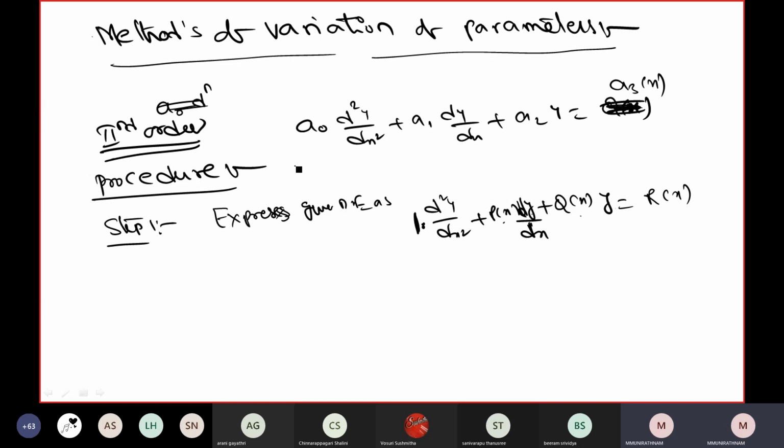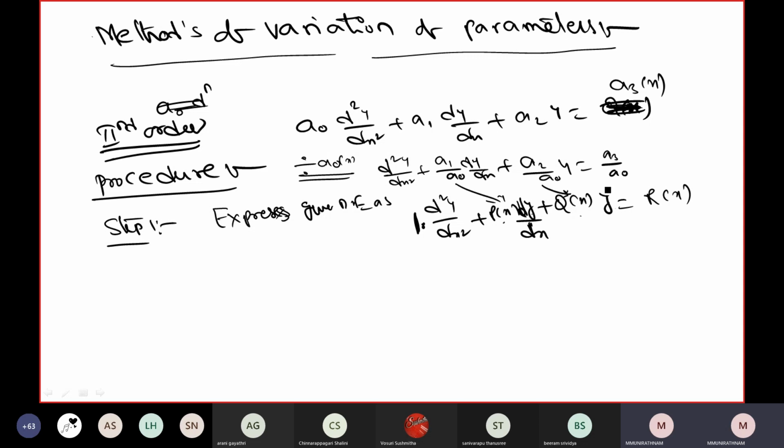Means that while dividing with a naught of x, this will be d square y by dx square plus a1 by a naught dy by dx plus a2 by a naught y equal to a3 by a naught. This will be p, this will be q and this will be r. If the leading coefficient is already 1 then fine.